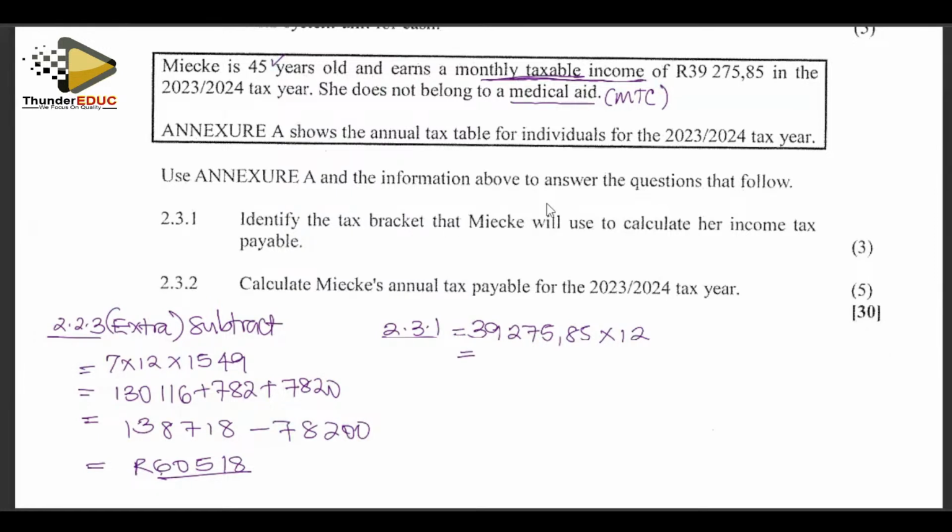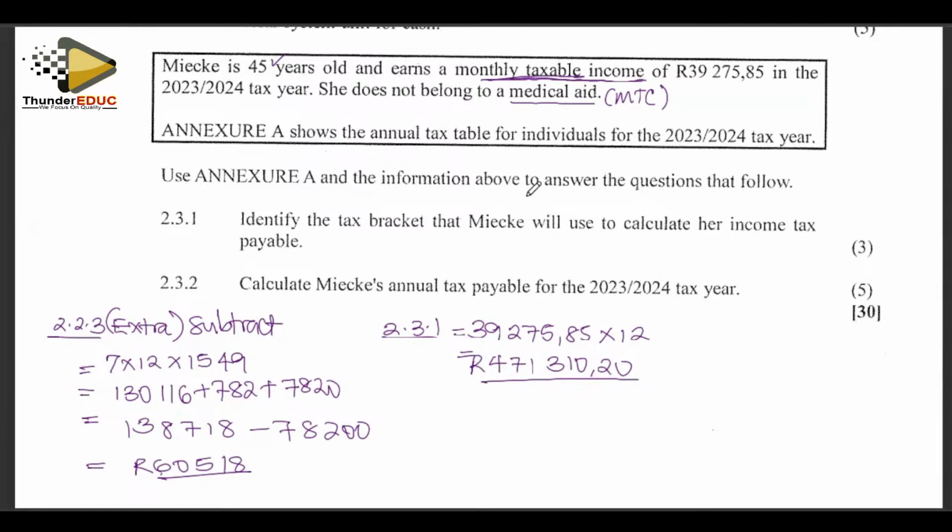Times 12, we get that much. We end up having 471,310 and 20 cents. This is what will determine it.